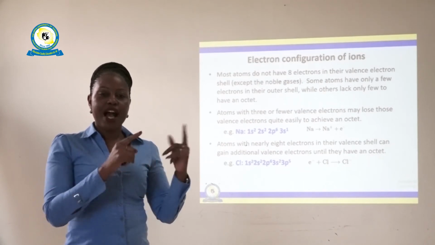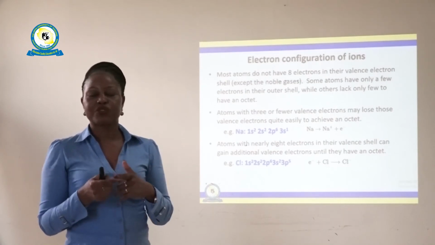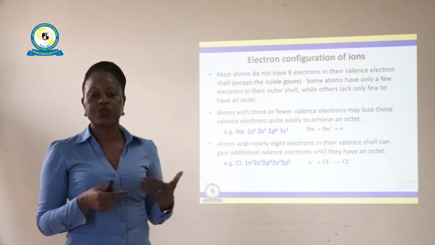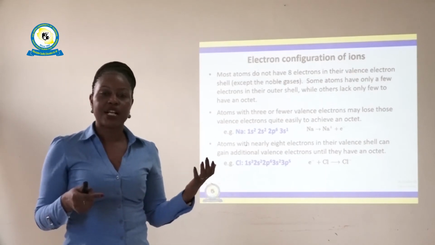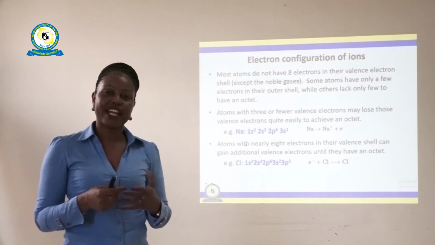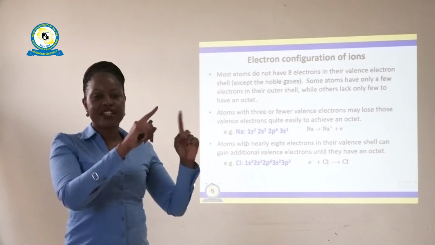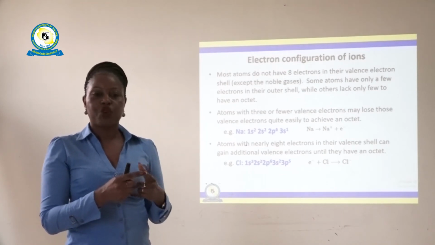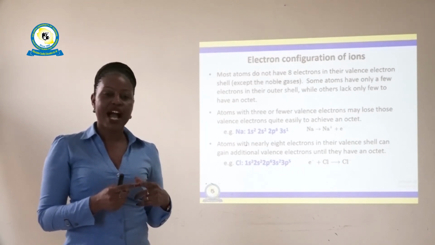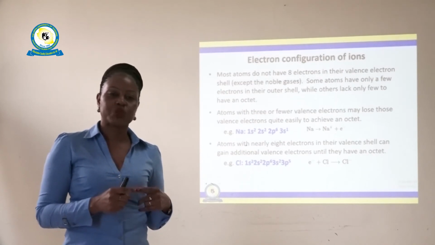Likewise, for atoms that have nearly 8 electrons, for example, 6 or 7 electrons in their outermost shell, instead of losing all those 6 or 7 electrons, they will have to gain only 1 electron so that they have the octet shell. So for example, chlorine has 17 electrons.